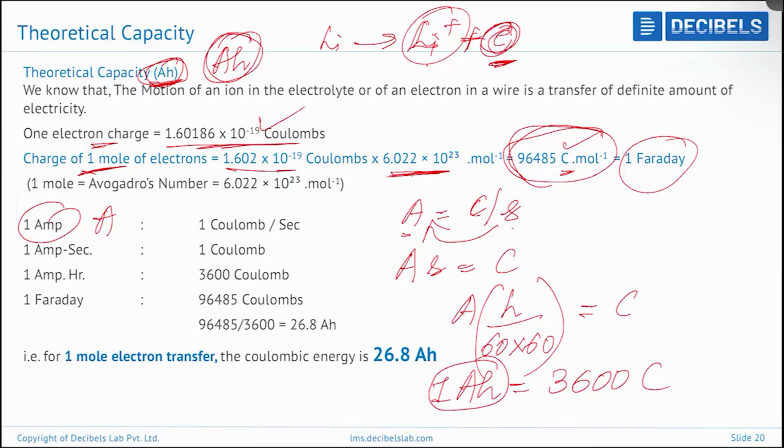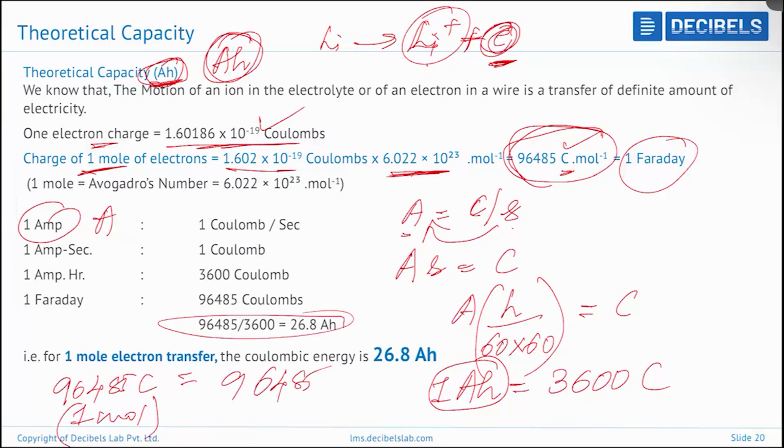Okay, so let us calculate for 96,485 coulombs, that is 1 mole. 1 mole is about 96,485 divided by 3600, which is equal to 26.8 Ah.